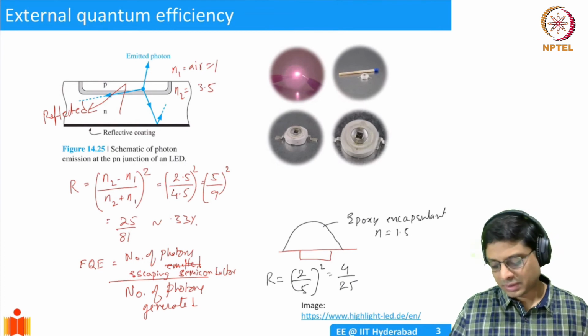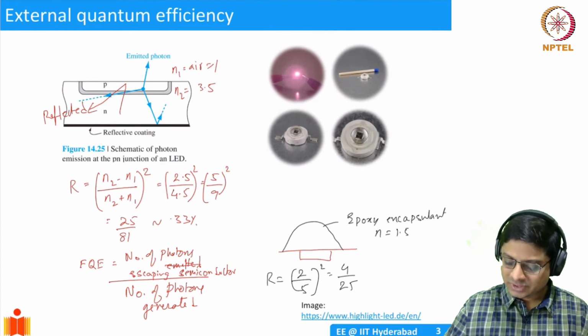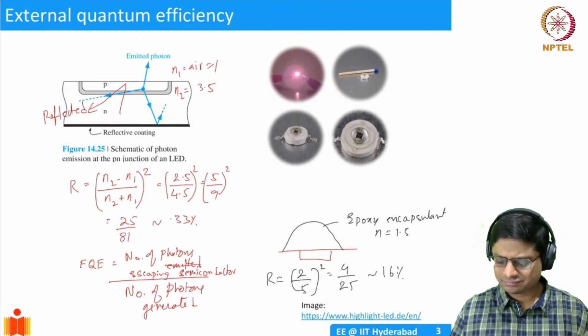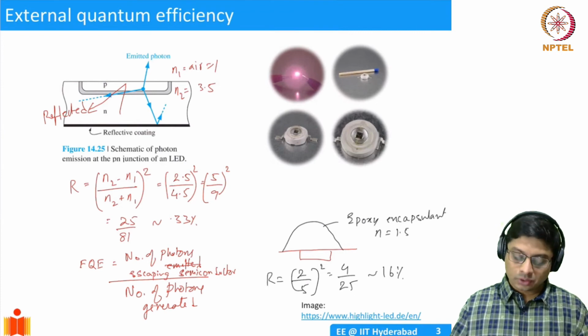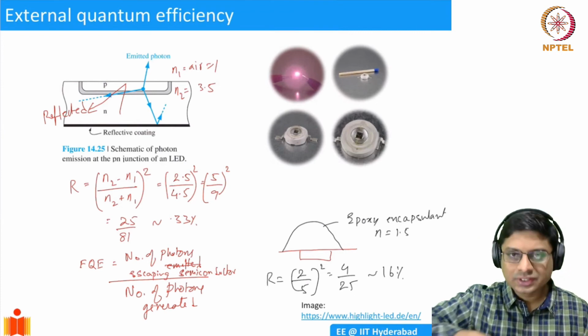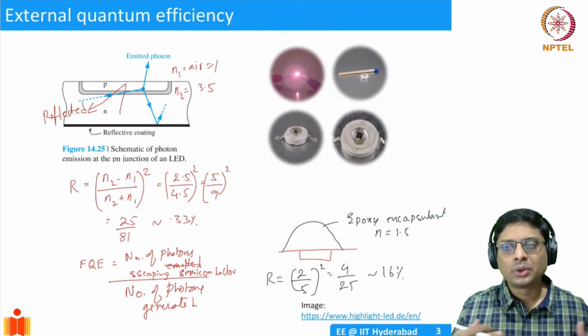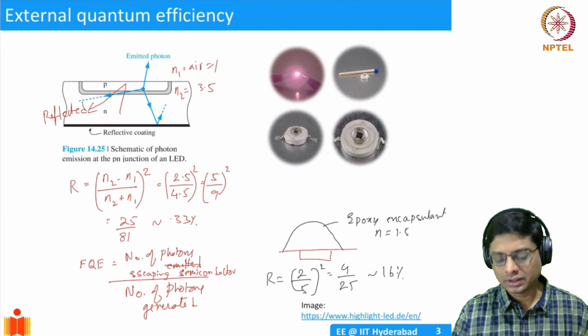Now it is much smaller, about 1/6. So this is about 16%, roughly 16.5%. So we are managing to have less reflection, and this is shaped in a curved way so that most of the photons will finally come out.